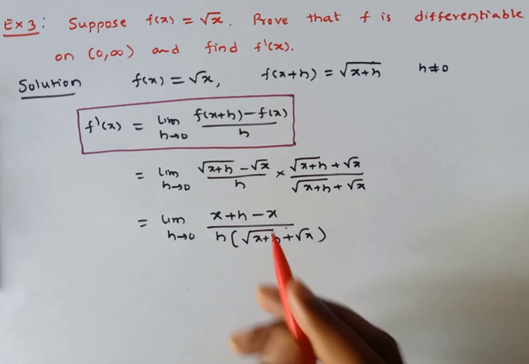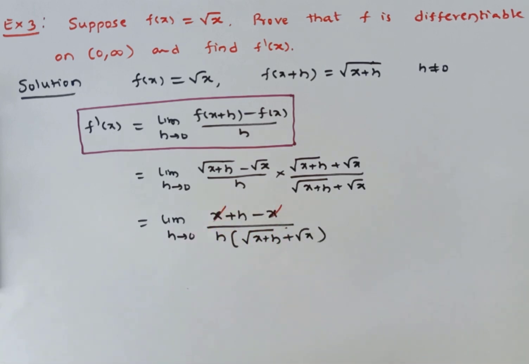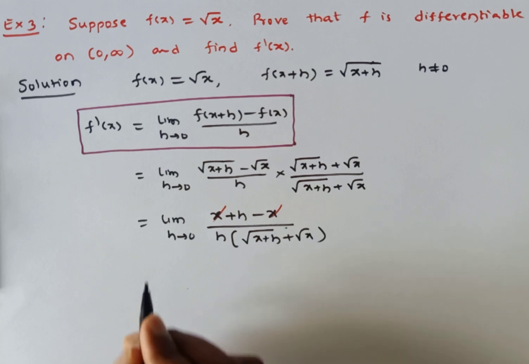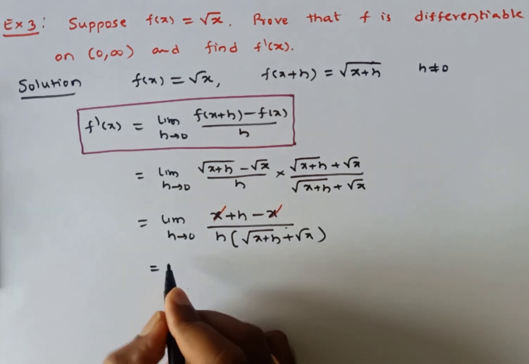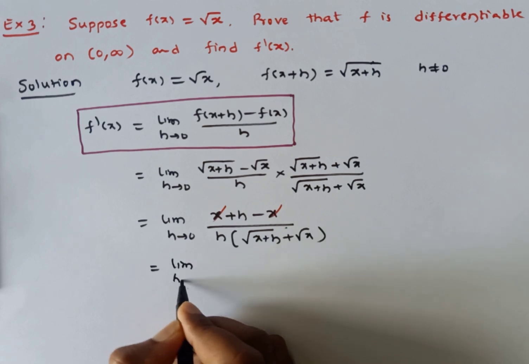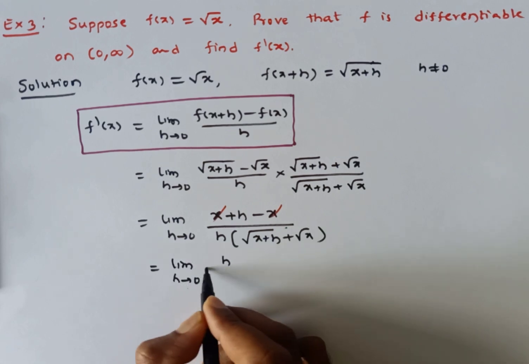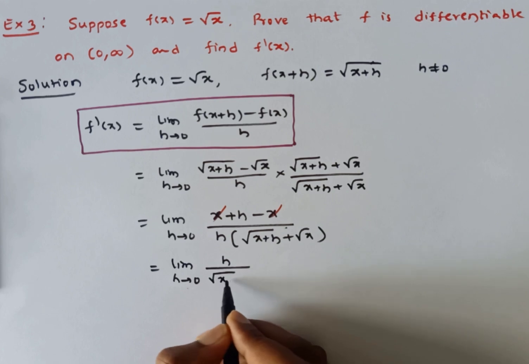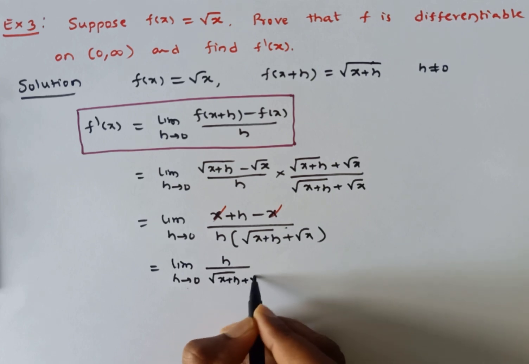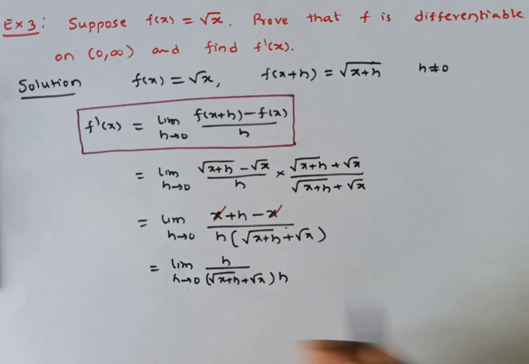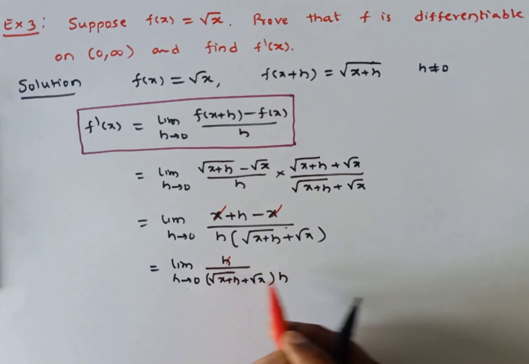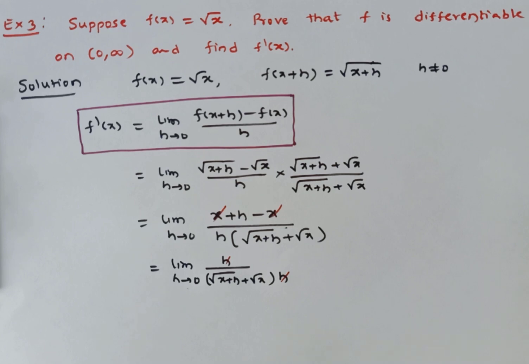Here x and x get cancelled, so the remaining part is limit h tends to 0 of h divided by h into root of x plus h plus root x. So h and h also get cancelled. Then finally you can apply the limit here.